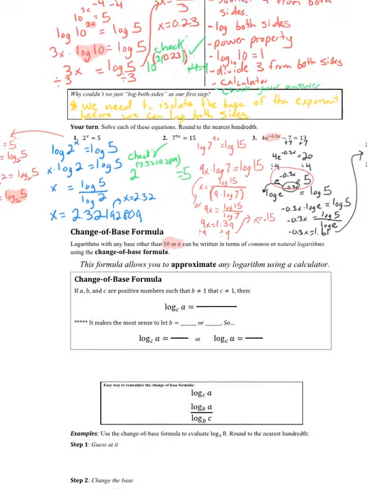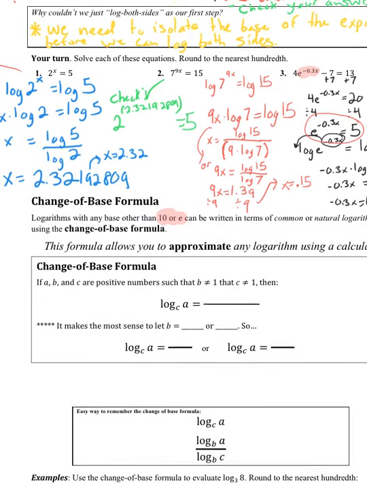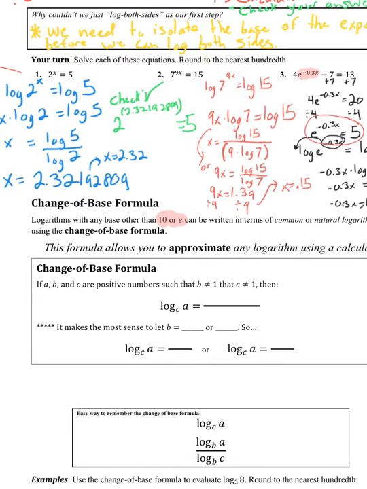Basically, with no numbers, just variables, it's saying if I have log base c of a, I can technically rewrite that as log base b of a over log base b of c. I can change the base to anything I want, and that'll help me put it in my calculator. In this case, I want to either have b be 10 or the number e.